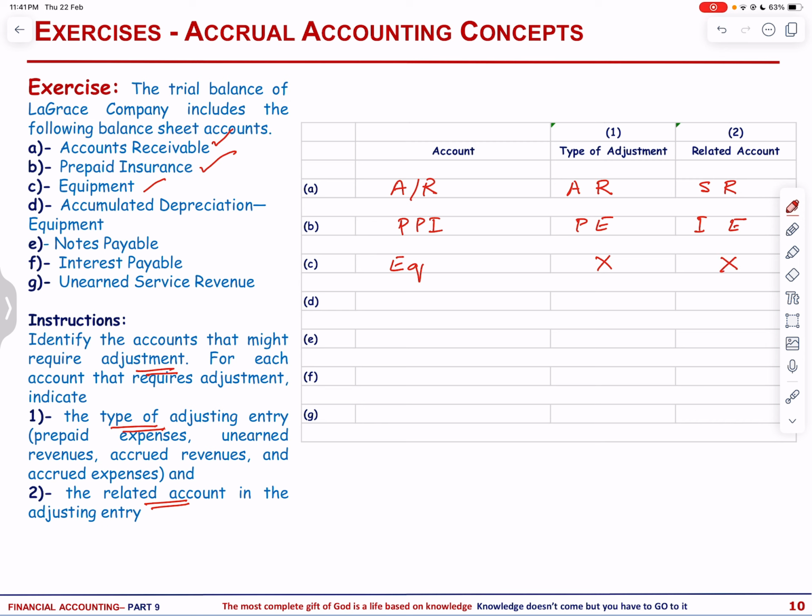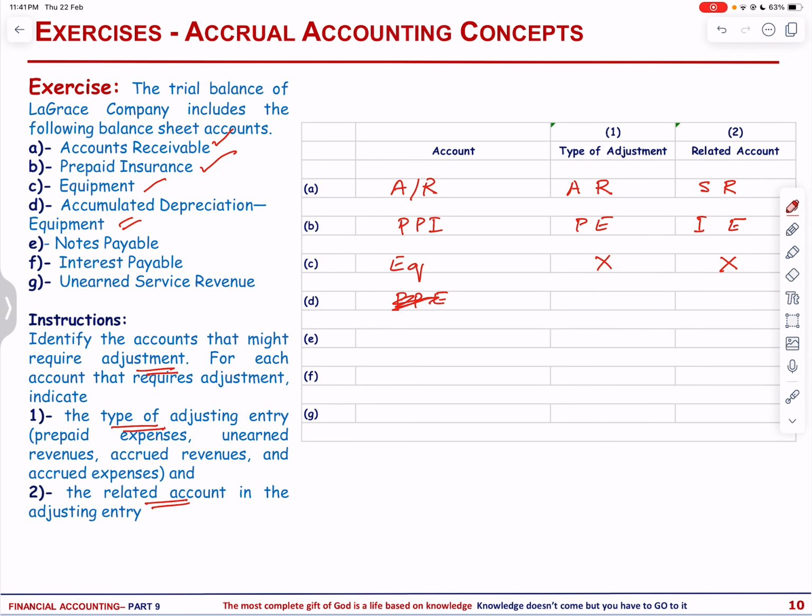Then for accumulated depreciation, we have accumulated depreciation equipment, and the adjustment is about the prepaid expense, and the related account is the depreciation expense.